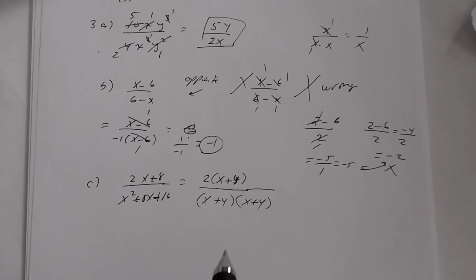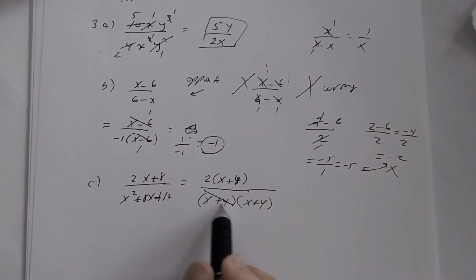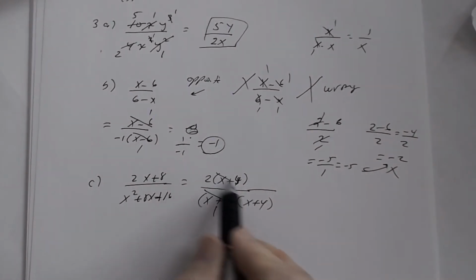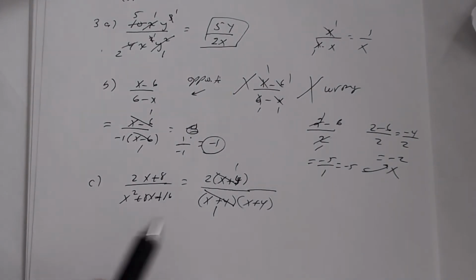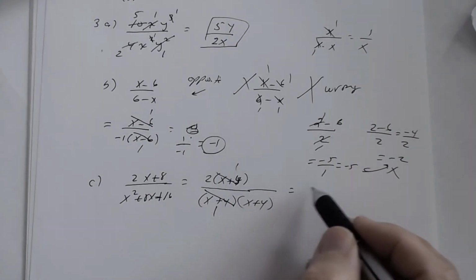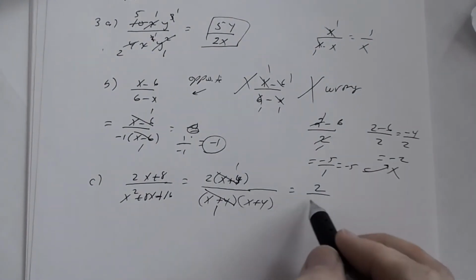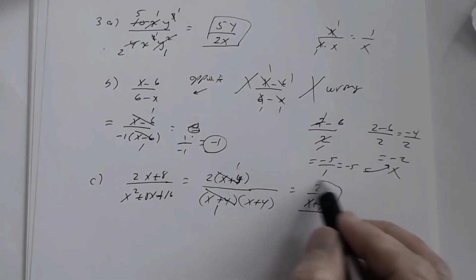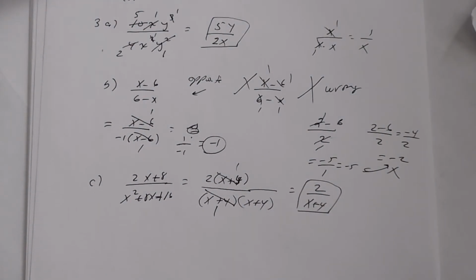It's very important that when you reduce, I see what it is that you're reducing. You got to say x plus 4 divided by itself is 1. You must show that. And so therefore I get 2 times 1 is 2, and then 1 times x plus 4 is x plus 4. And that's the answer. So 2 divided by x plus 4.